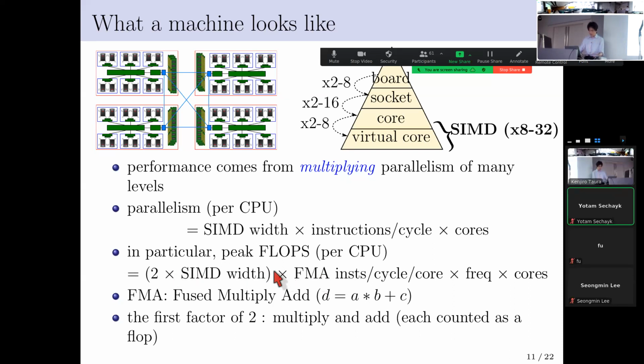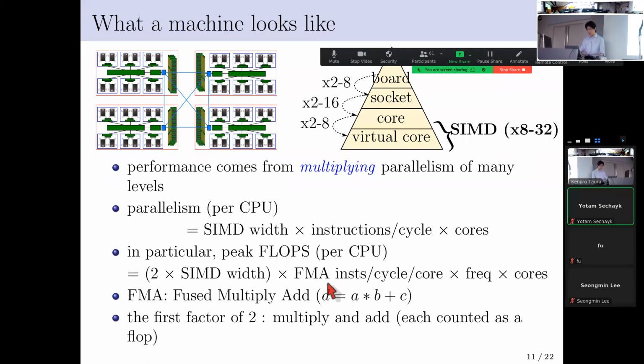The reason why you have 2 here is that a single fused multiply add operation actually performs 2 floating point operations, 1 addition and 1 multiplication. And we are counting the number of floating point operations per second. So this is the number of flops a single FMA instruction is capable of performing, right?